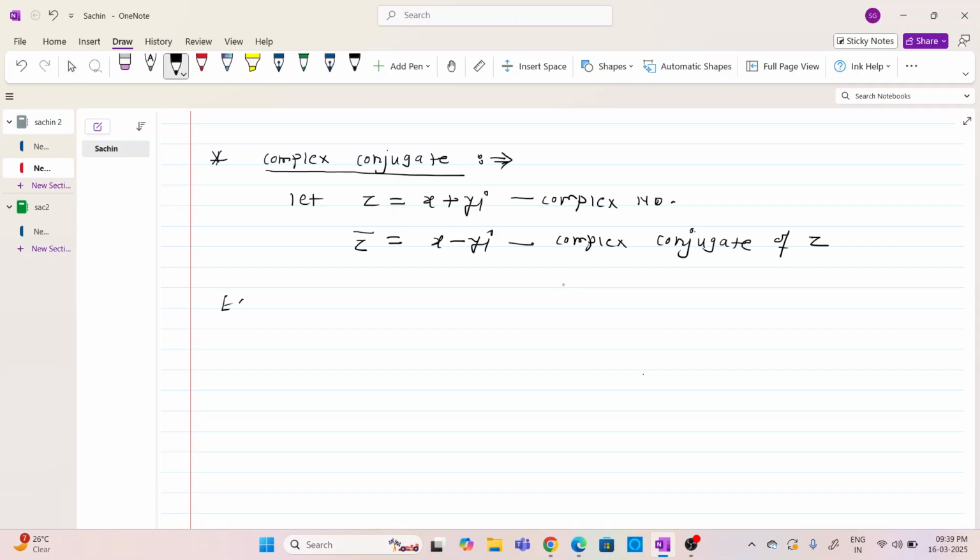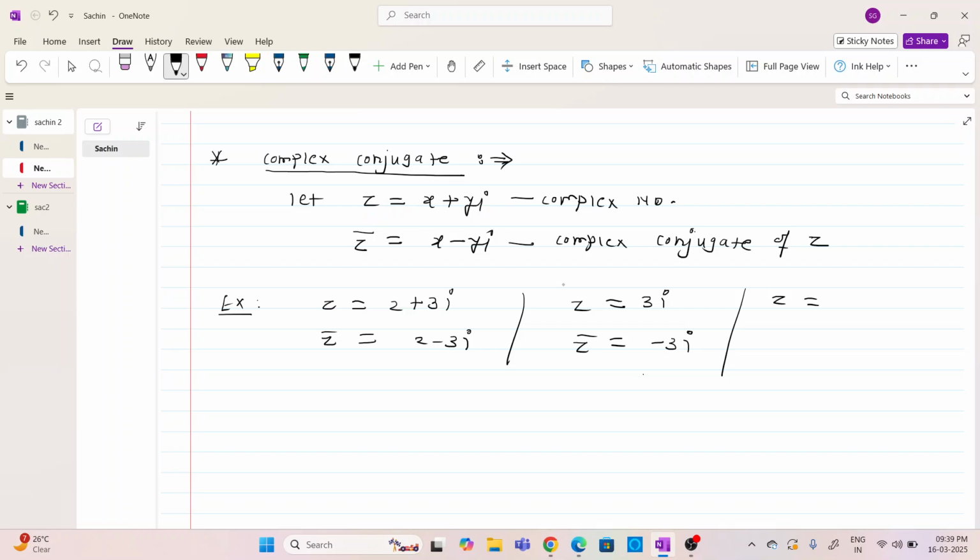Okay, for example, suppose z is equal to 2 plus 3i, then its complex conjugate is equal to 2 minus 3i. Suppose z is equal to 3i, then its complex conjugate is equal to minus 3i.